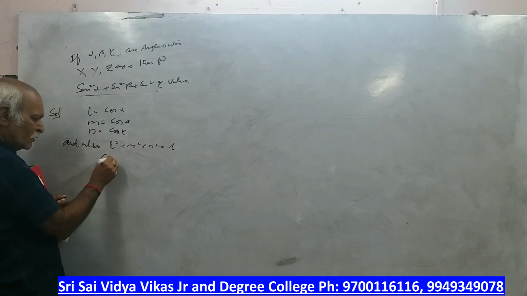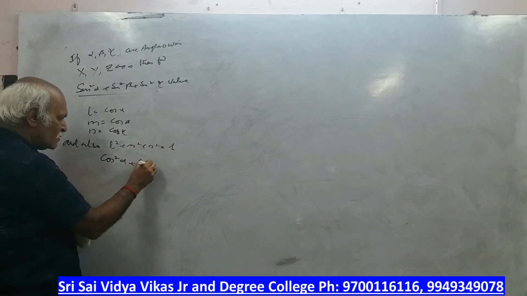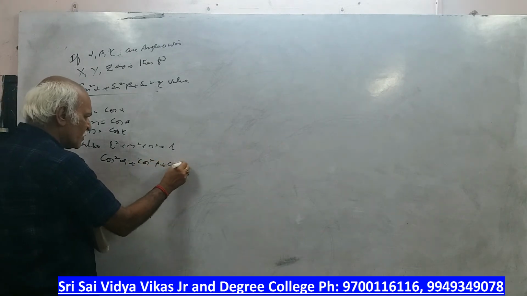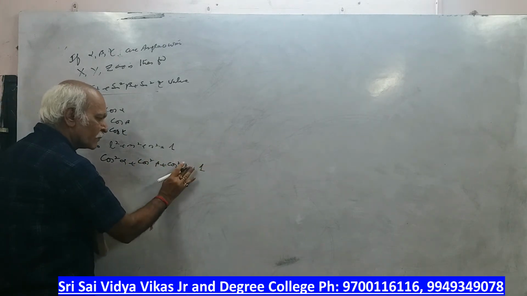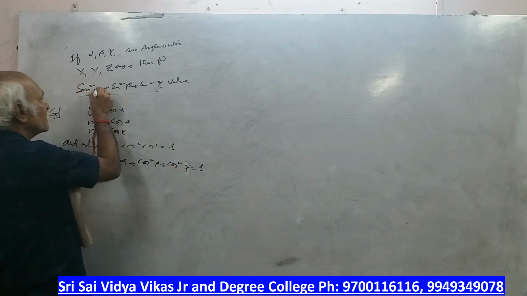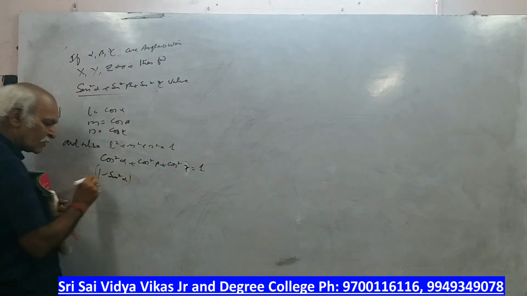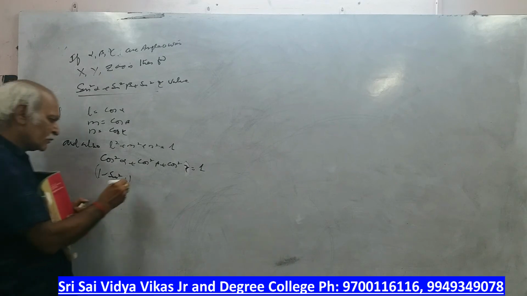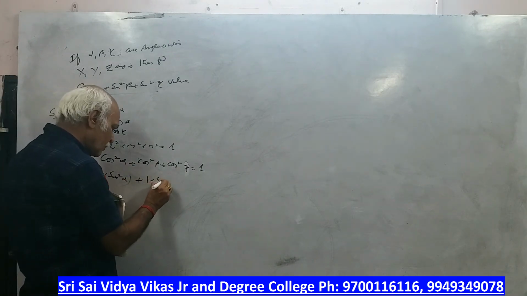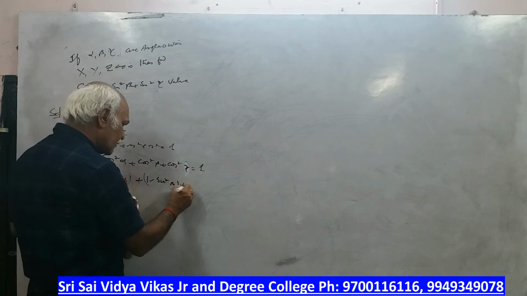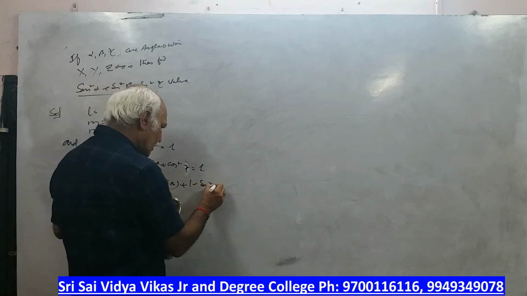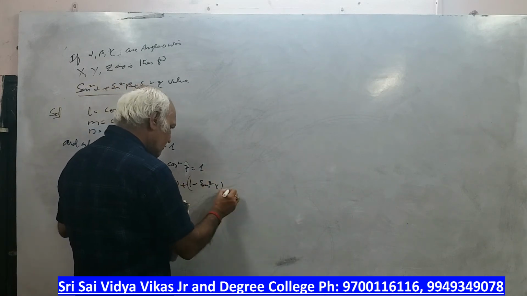So L square means what? Cos square alpha plus cos square beta plus cos square gamma is equal to 1. But he is asking sin square alpha. So cos square alpha you know very well, 1 minus sin square alpha from trigonometry, and cos square beta is 1 minus sin square beta. Next 1 minus sin square gamma is equal to 1.